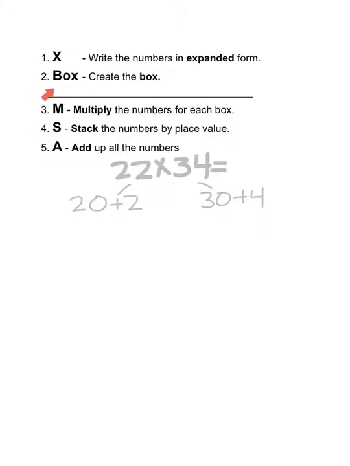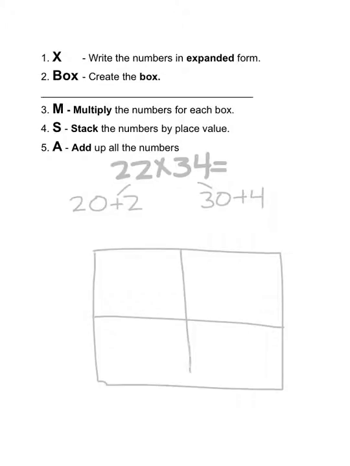Let's go to step 2, which is create the box. So what I'm going to do is just draw a simple box like this. Next, we'll take these numbers here, the 20 and the 2, and place them on the top side of the box, and then these numbers here, the 30 and the 4, will go on this side of the box like so.